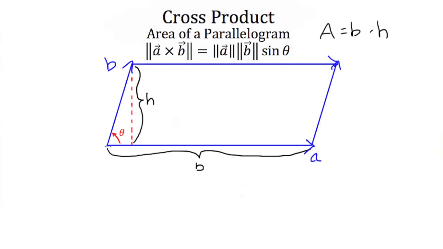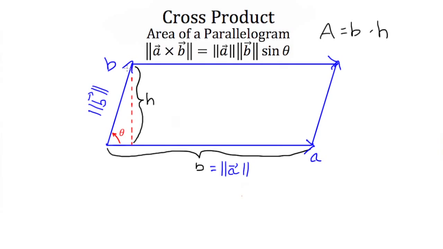Now the length of this vector A is the length of the base of my parallelogram. So the length of the base is equal to the magnitude of vector A. Now this side of my parallelogram has a certain length, and that length is the magnitude of vector B.